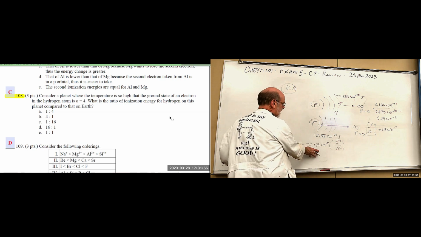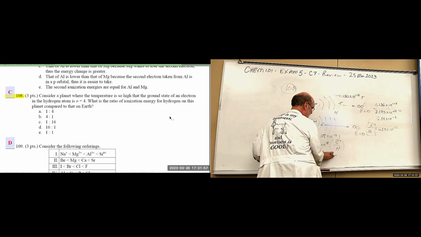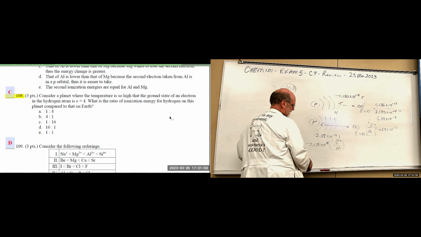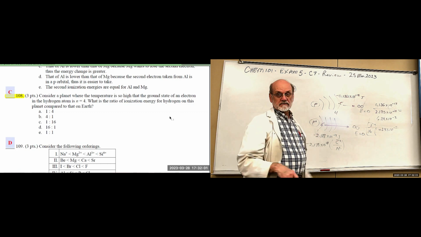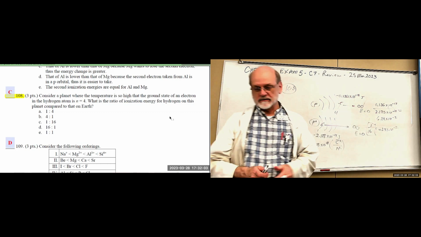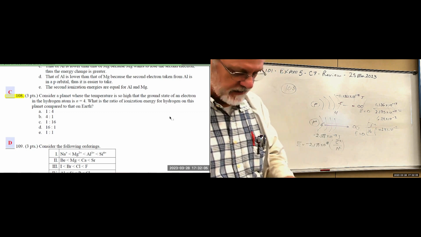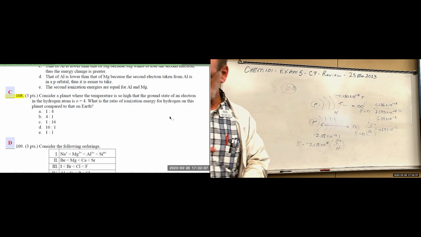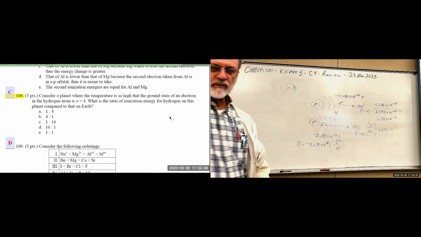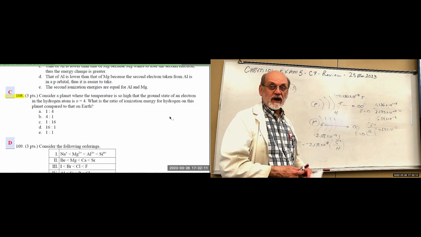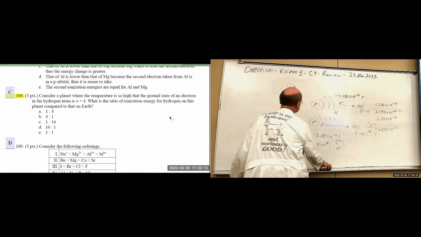And you can calculate this one for that one and this one for this one and ratio them. And you'll get the same answer. I just did it a little bit differently than is reported in the worked problems that I gave you.